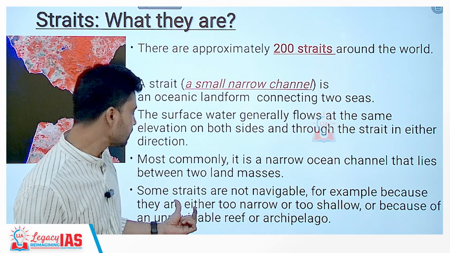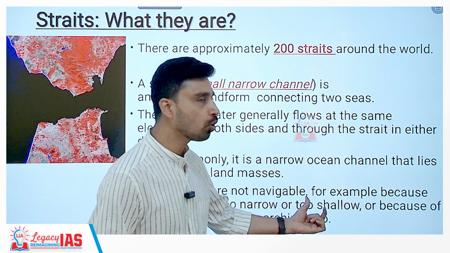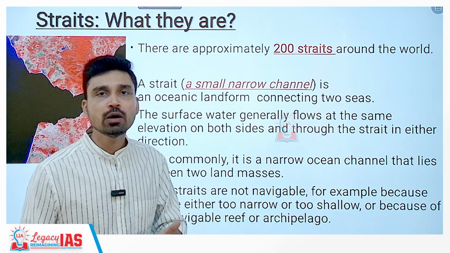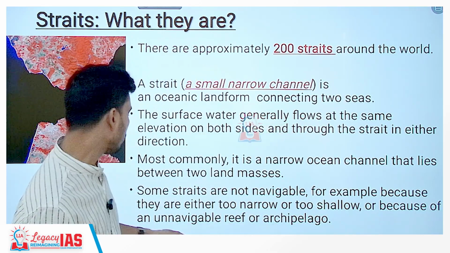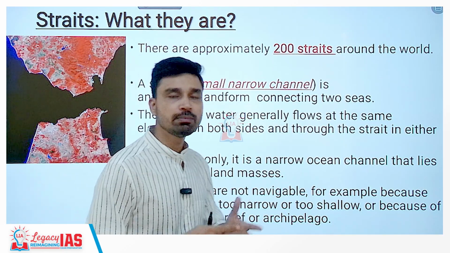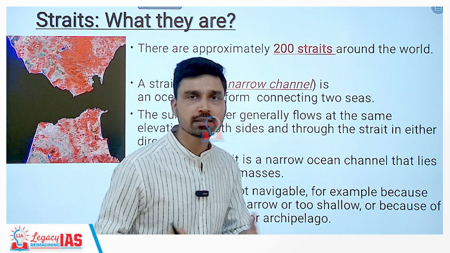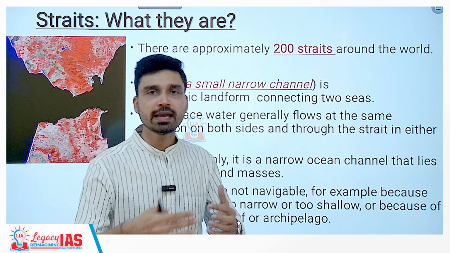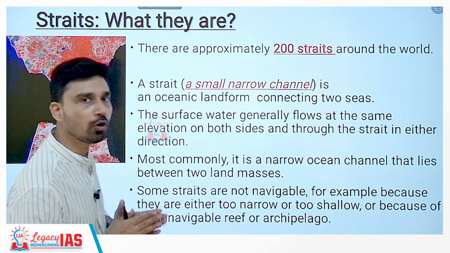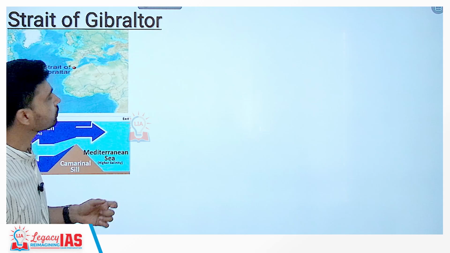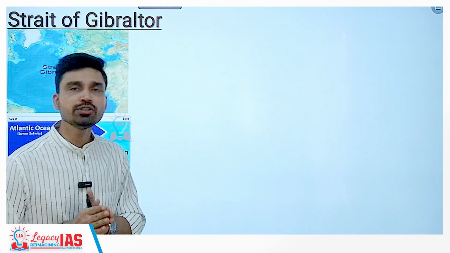So many times straits are very narrow or shallow, and ships will not be able to pass through them, or because of an unnavigable reef, or sometimes archipelagos, sometimes shoals, that is rocky structures lying across the straits, which also cause obstruction in the movement of ships. Now let us try to understand the major straits of the world.